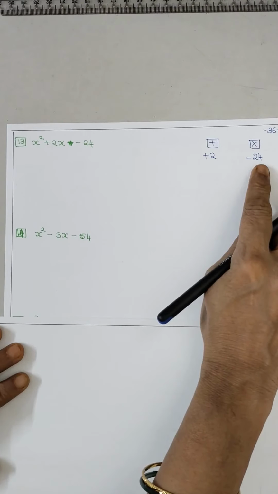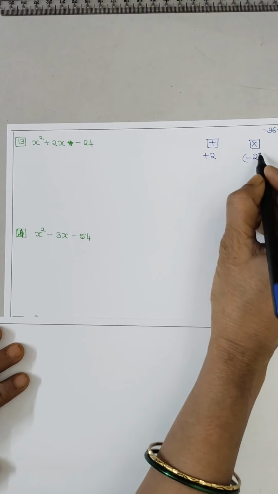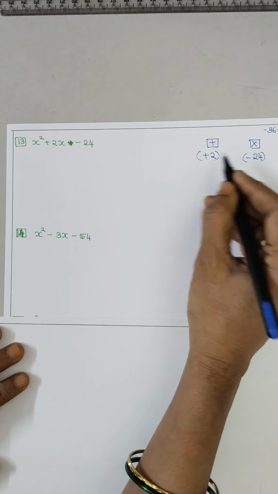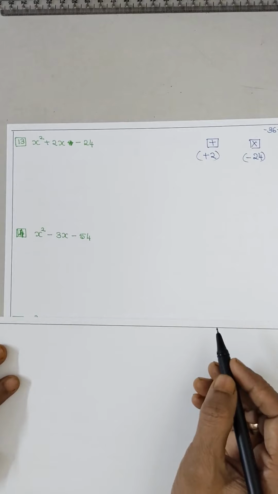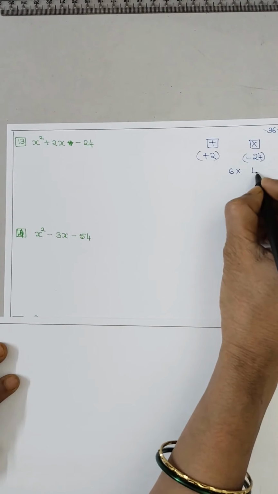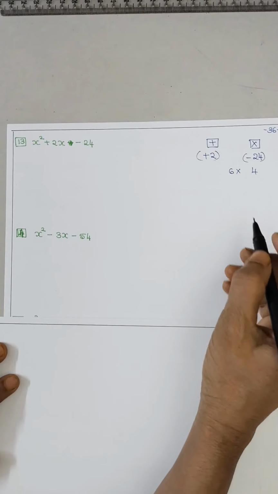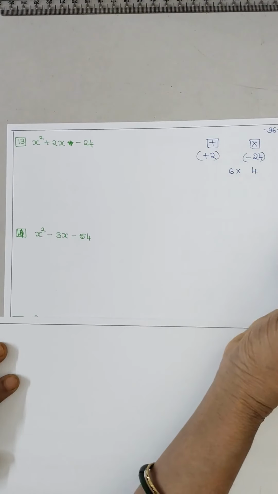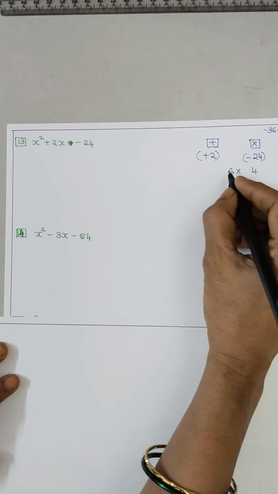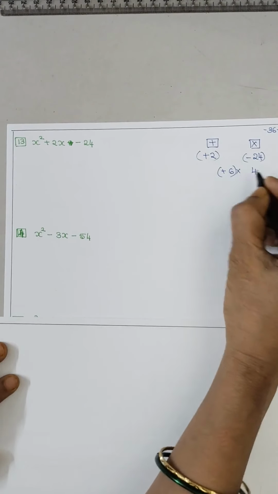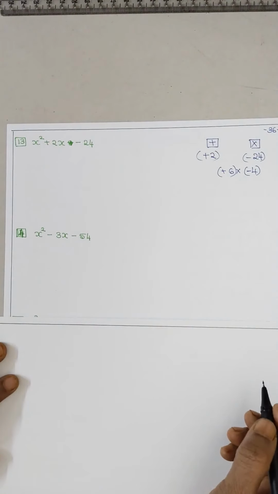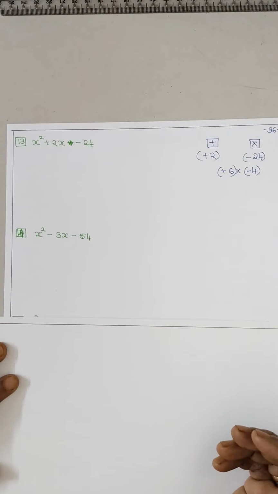But when you subtract, why? Because the sign is minus. When you subtract, answer is 2. That is 6 4s are 24. 6 minus 4 is 2. So now different signs. Bigger number will have plus, smaller number will have minus. Hope everyone is understanding now.